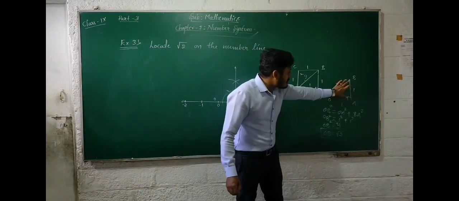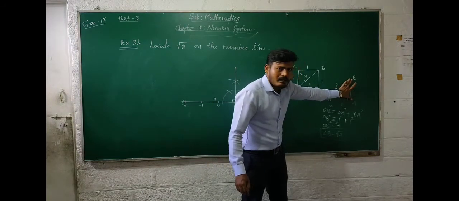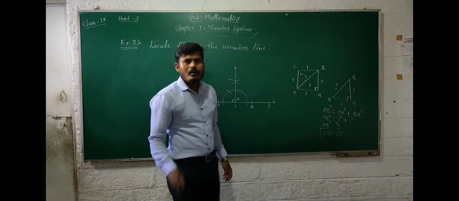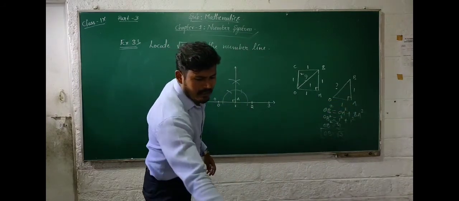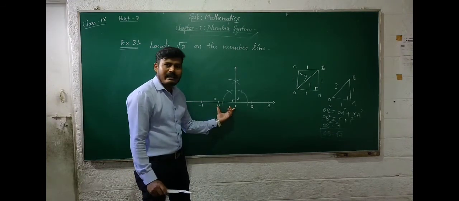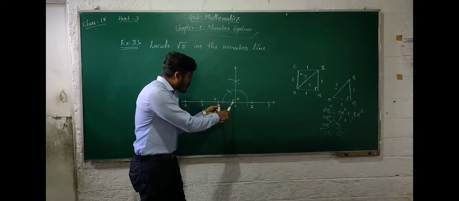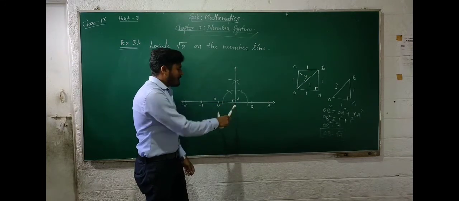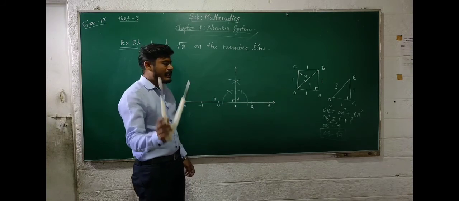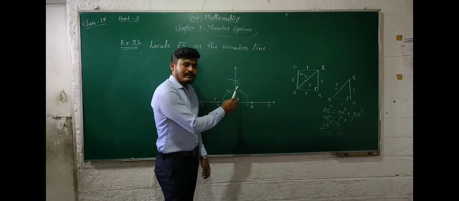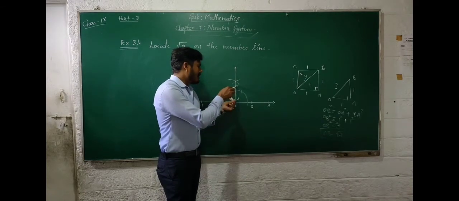Coming to this part, BA, the perpendicular length, measures how many units? 1 unit. So by using the compass, take a radius of 1 unit in this manner. Then without changing this value, with 1 as center, cross cut here.